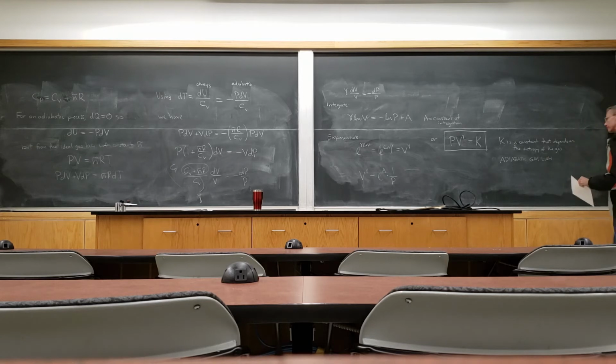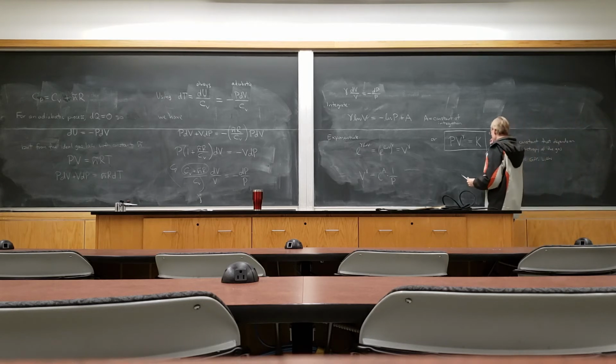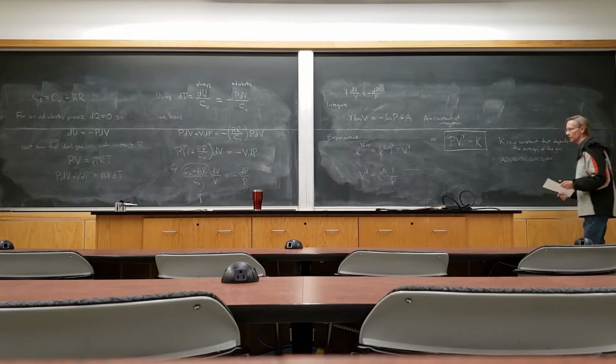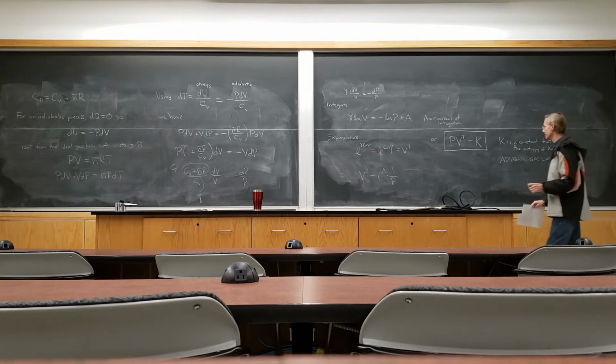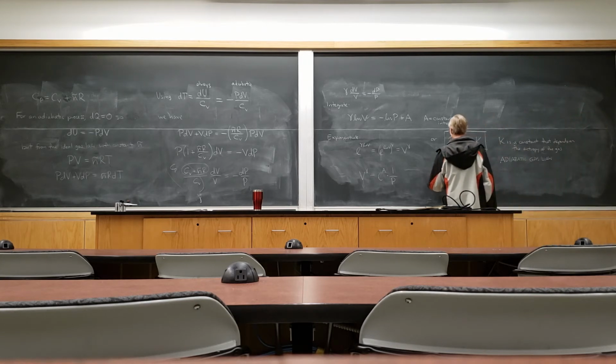And another way to put it is, because it's not always particularly useful to figure out what K is, another way to think of this is that as the pressure and volume change, P1 V1 to the gamma is P2 V2 to the gamma.